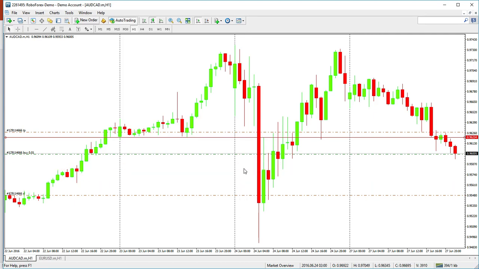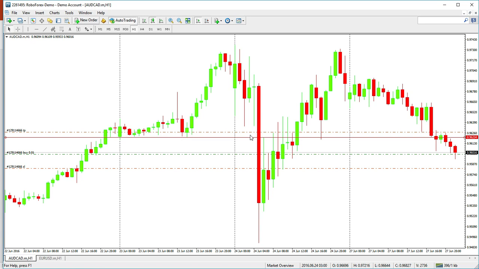Let's assume it's a sell trade, and let's say this is our stop loss and this is our take profit. Okay, let's also assume that there is a pending order there.